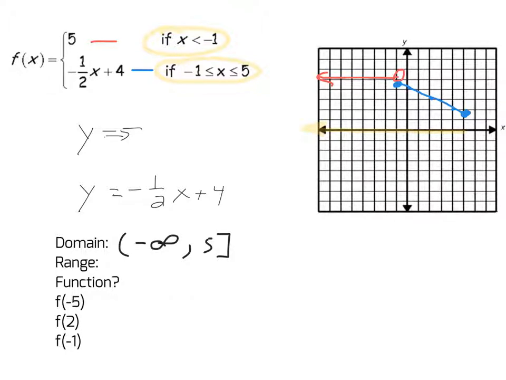Now range is a little bit trickier because of this little jump that happens here. If you remember what we did before, certainly the lowest value seems to be right here, which seems to be 1 1/2.